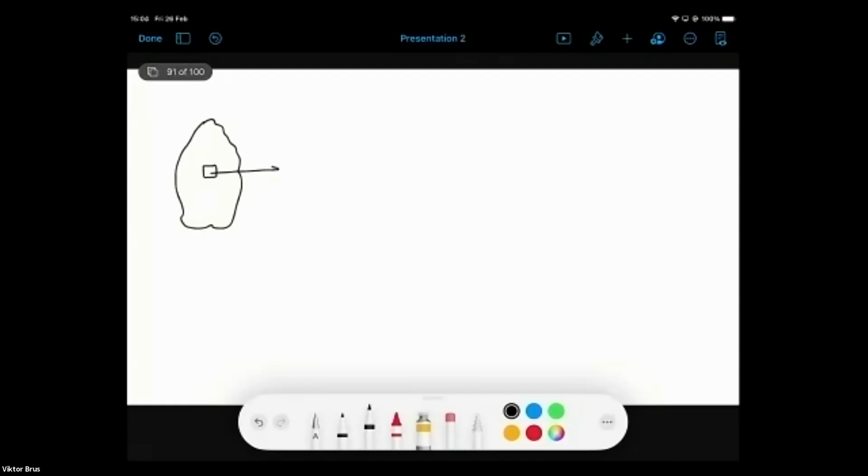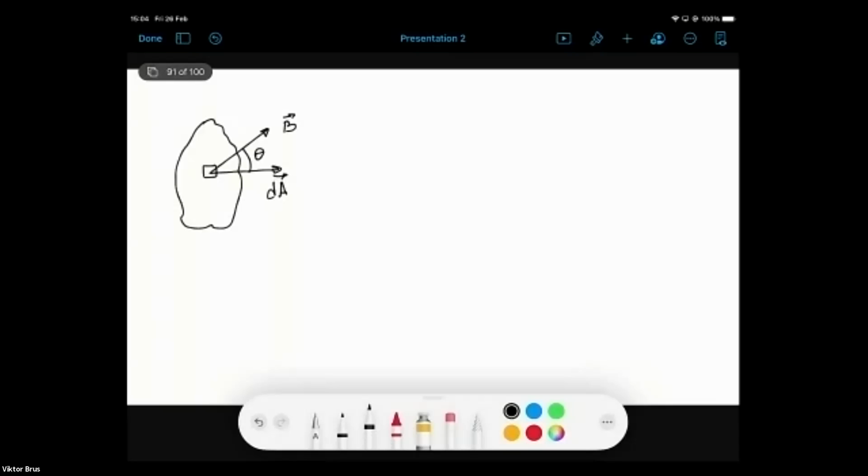Here we have vector dA, which is defined by the direction of the unit vector, normal vector to this surface element, and its magnitude is equal to the area of this segment. And also we have vector B, which is the magnetic field vector, and there is a certain angle theta between these two vectors.